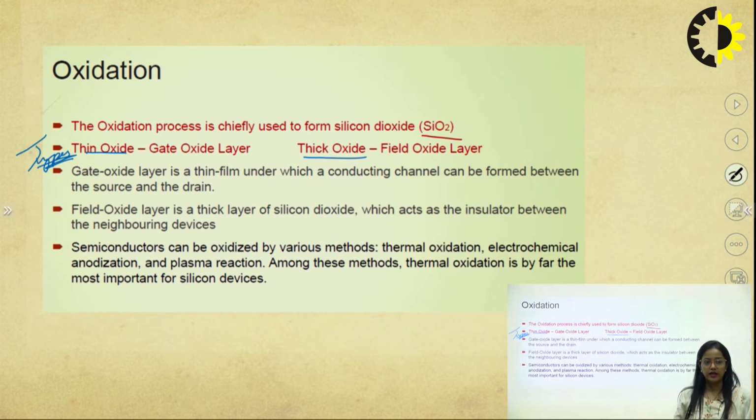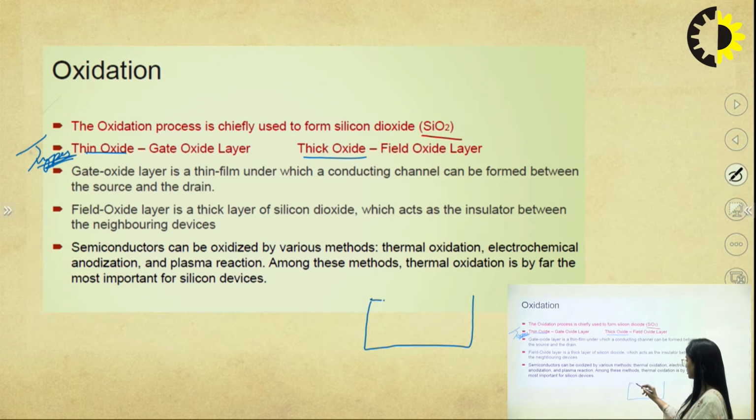Gate oxide layer is a thin film under which a channel can be formed between the source and drain. So, let's talk about a MOSFET.